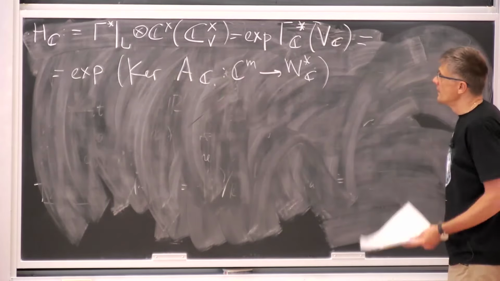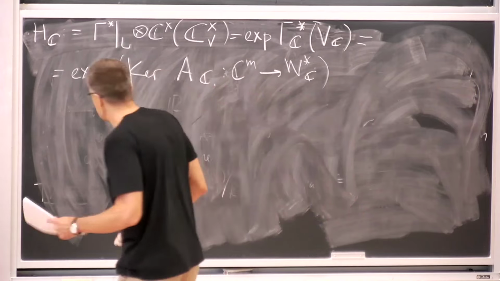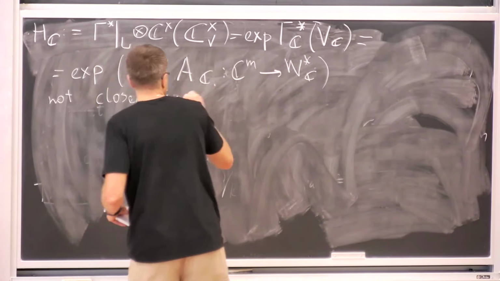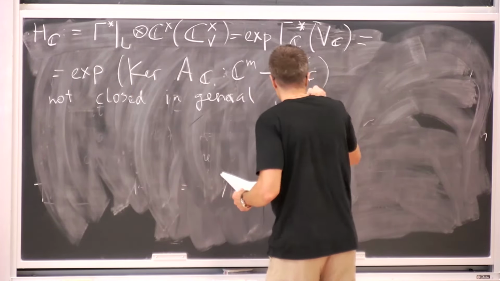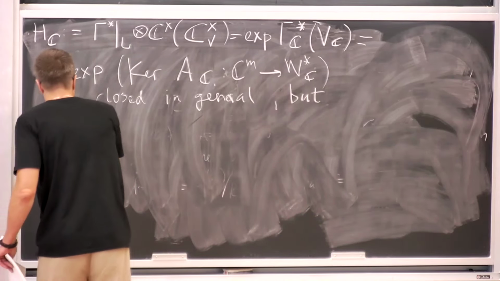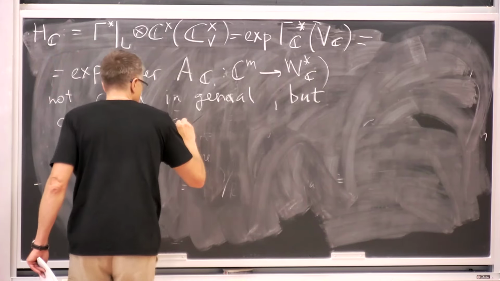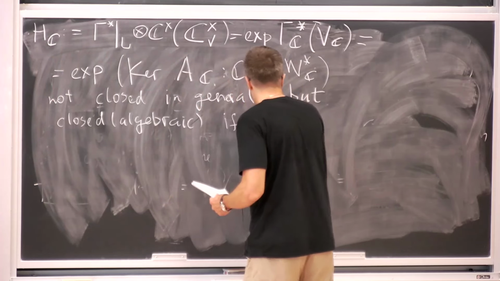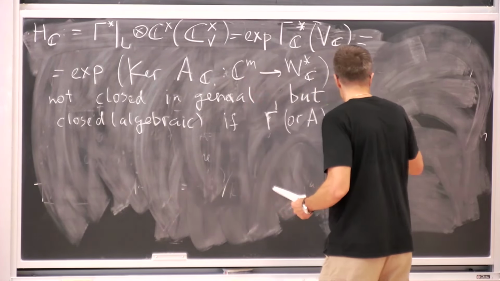So if you do it with an arbitrary vector configuration, then you get something which is not closed. But since we started with a rational configuration, it is closed and even algebraic, if gamma or A is rational.